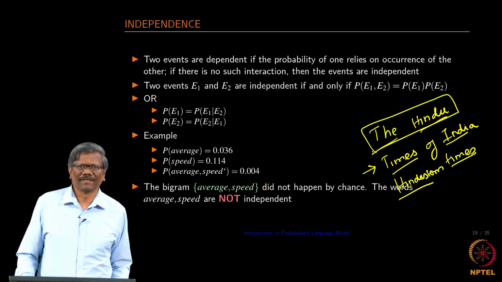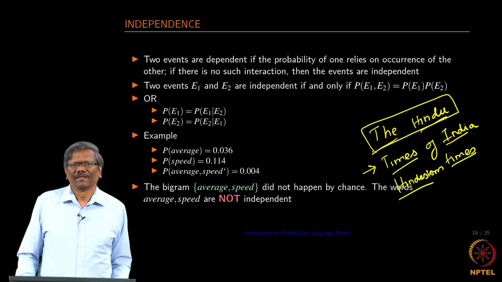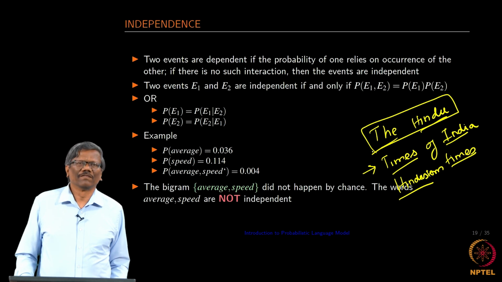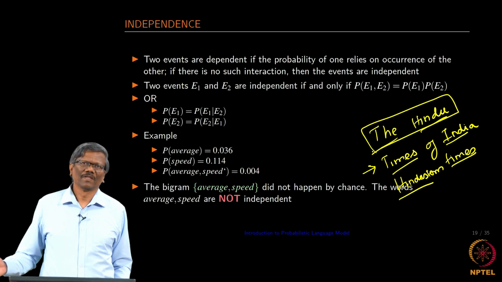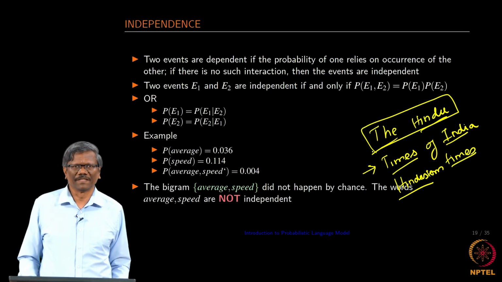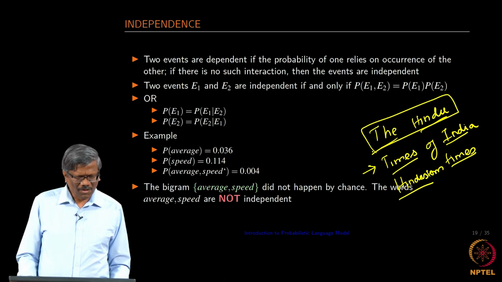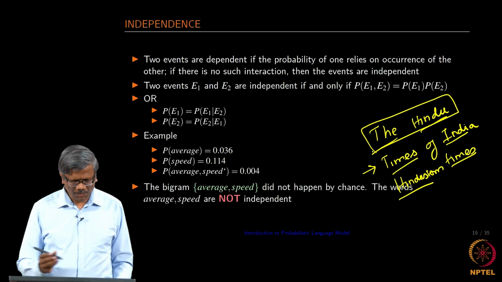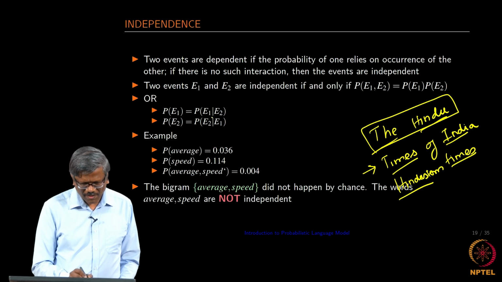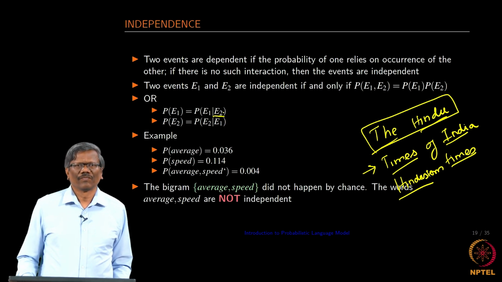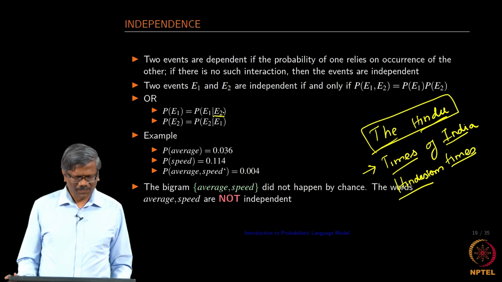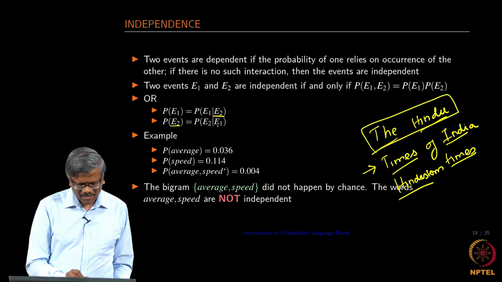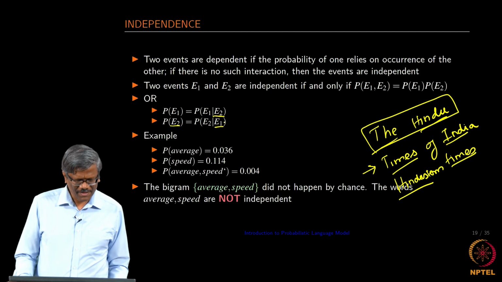So, we have seen that in the conditional probability, and if they are independent, then the probability of those events would be the multiplication of the probability of individual events, okay. Or in other case, we can say that the probability of the event E1 is not really affected by the condition that we have here, okay.